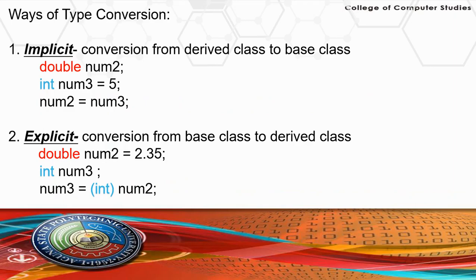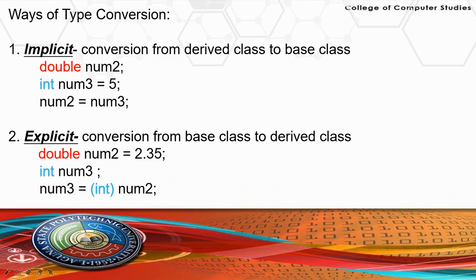Okay, the first one is what we call implicit. It is a conversion from derived class to base class. So here is a concrete example of that. For instance, we have a double data type num2, and then we have int num3 with an initial value of 5. And then I have this statement, num2 is equal to num3.